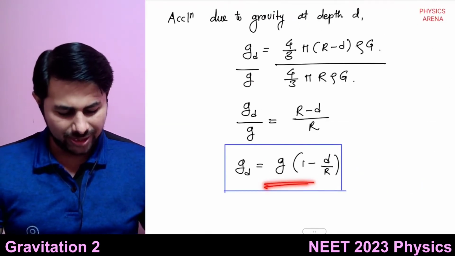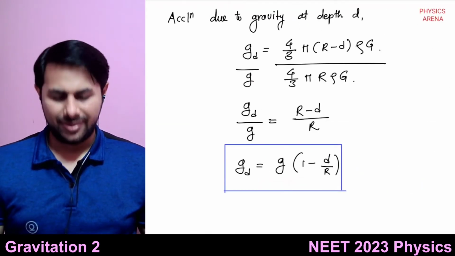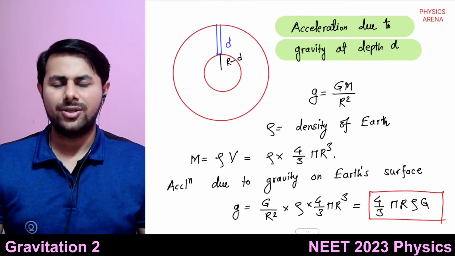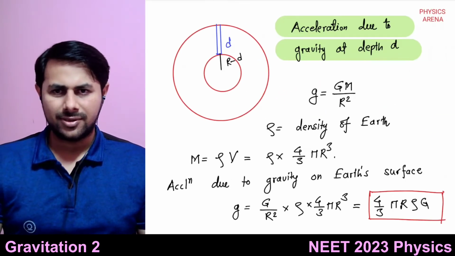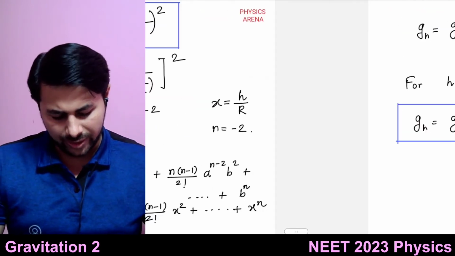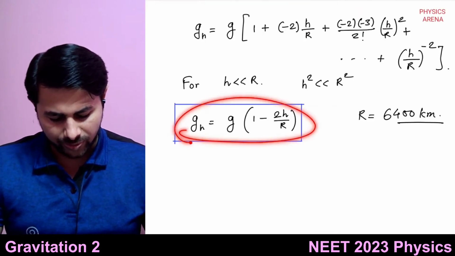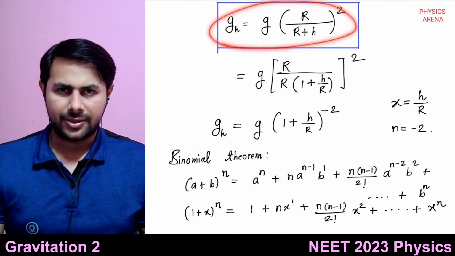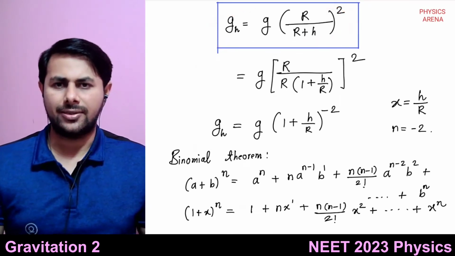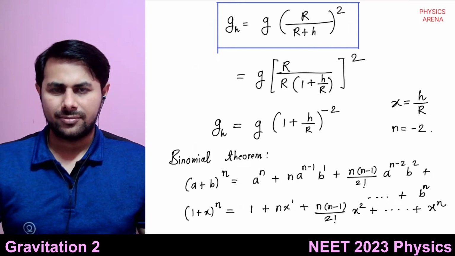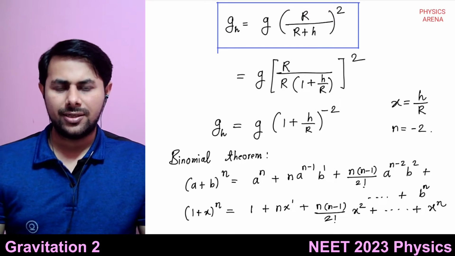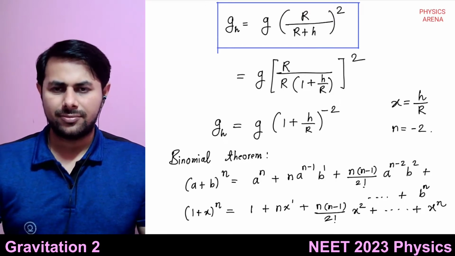So this formula is valid everywhere, but the formula for height is valid only for small heights. Is it clear? Yes, no?